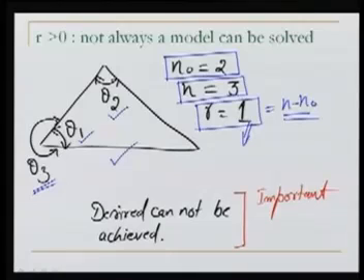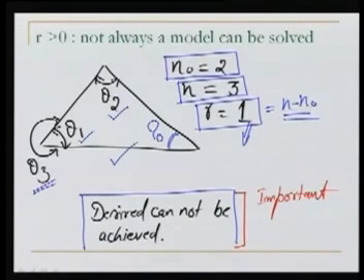No, still we can't find the best estimate for our desired quantity, because for the shape of the triangle, this angle still needs to be determined from theta 1 and theta 2, because we don't have any observation here. So what do I mean? I mean, in this case, the desired quantity cannot be computed.